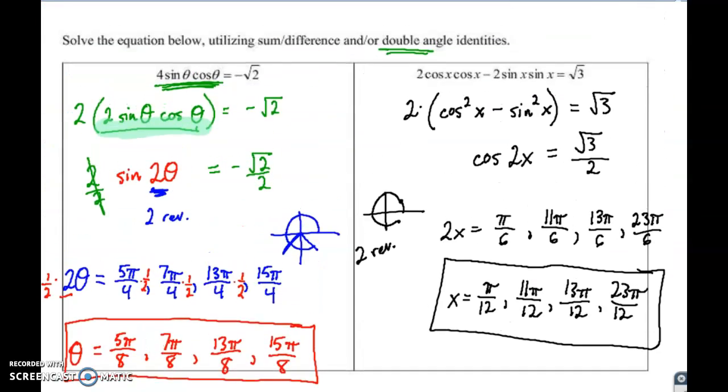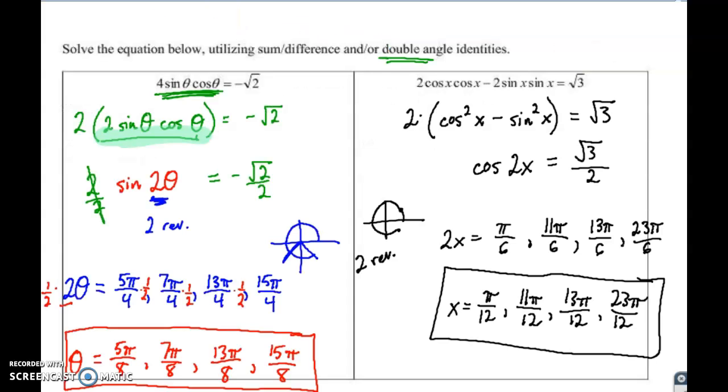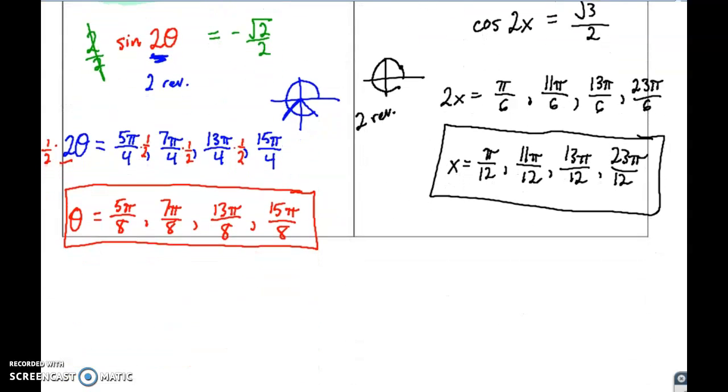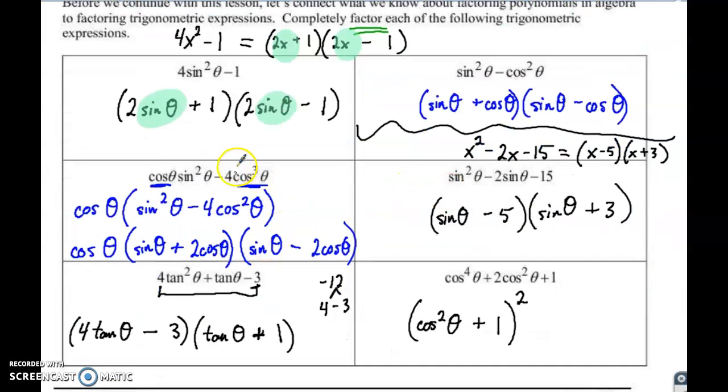One more thing I should mention, probably before you get to the homework, which is on the next slide, is if you ever factor something, I saw it in a previous video, it was the factoring one, something like this problem. Let me highlight it for a second. This problem right here. If I were to make this an equation and set that equal to 0, I want to bring this to your attention, because I have a feeling that somebody might do this.